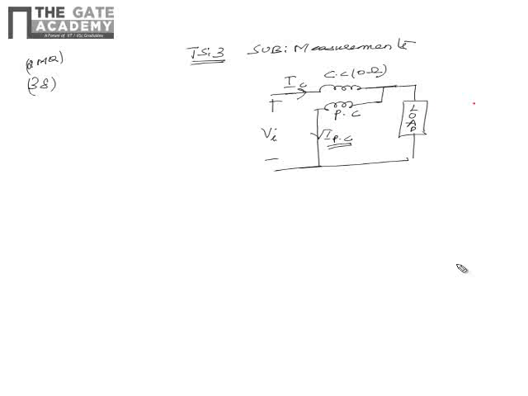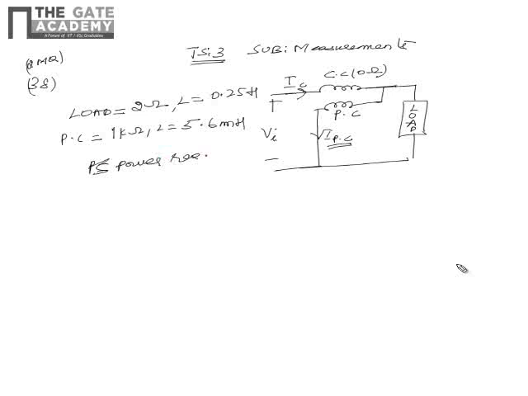Here the specifications are: the load has 2 ohm resistance with an inductance of 0.25 Henry, and the pressure coil has a resistance of 1 kilo ohm and an inductance of 5.6 millihenry. We need to calculate the power reading measured by the instrument.